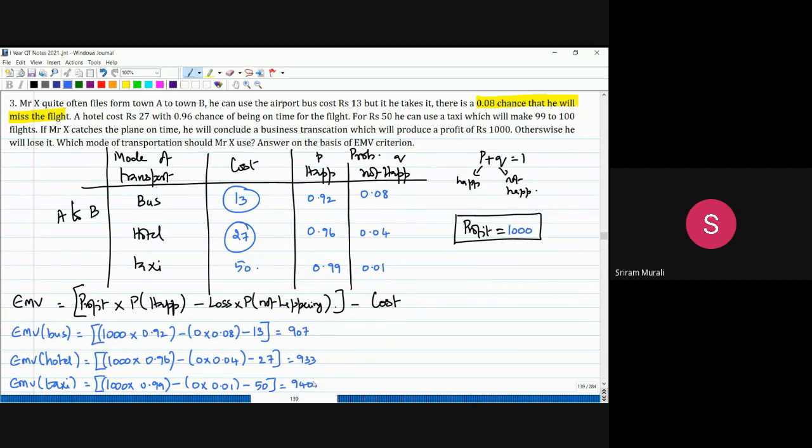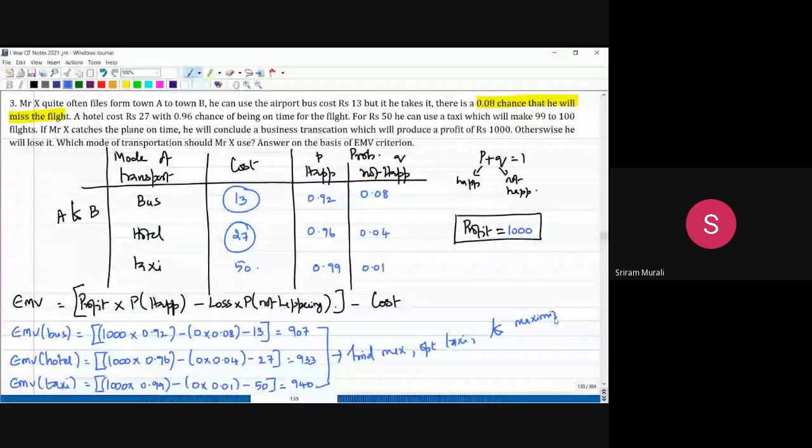So opt taxi to get profit. Where do we get more return? I mean, expected monetary value where it is maximum. Find the maximum. Therefore, opt taxi to maximize the profit.